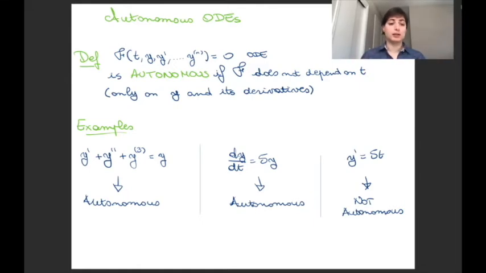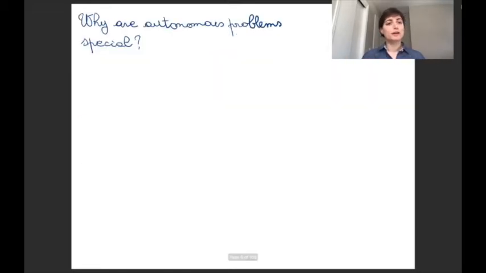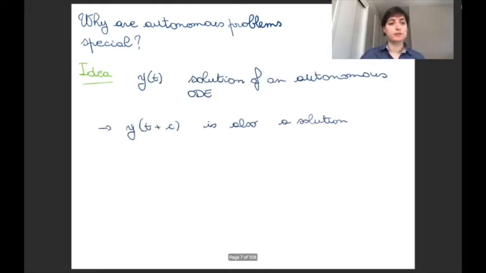Autonomous ODEs can be linear, as these examples. They can be non-linear. They can have a lot of possibilities, but the main element is time does not appear explicitly. Why are they special compared to other ODEs we can look at? Well, in the case of autonomous ODEs, if y is a solution, then y computed at time t plus c, for any value of c, is also a solution.